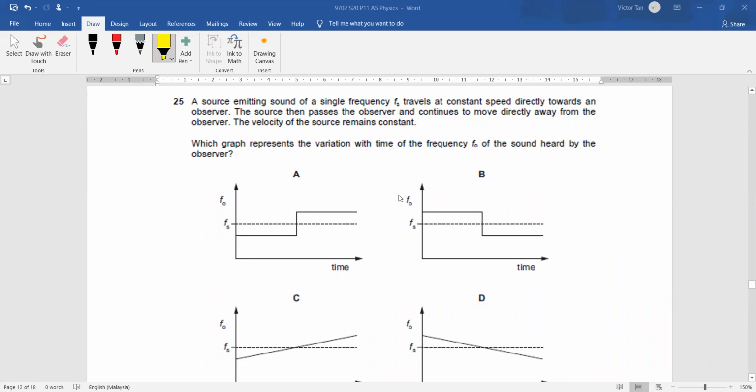So the observed frequency when it's moving towards the observer is larger. When it's moving away, it is smaller. So if it's at a constant speed, that means the observed frequency will be constant.